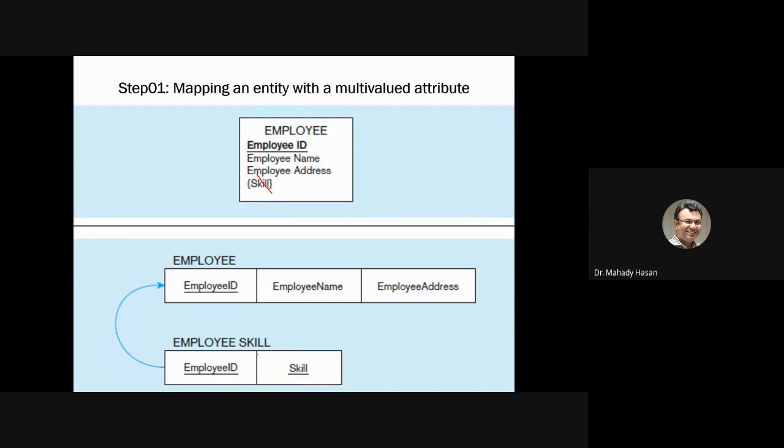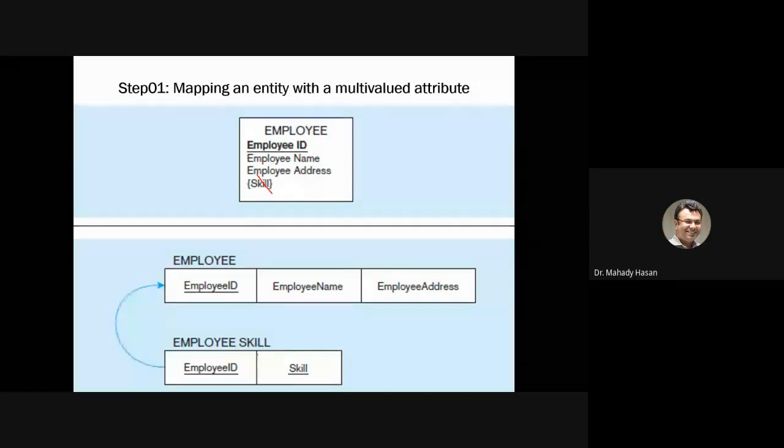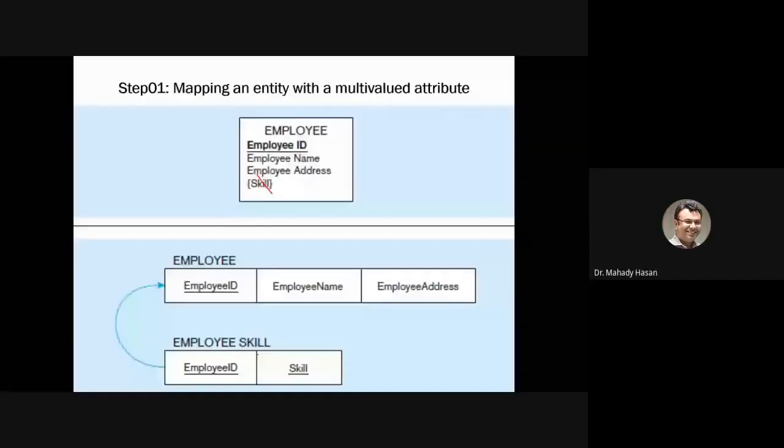Is it okay? Yes, sir. So these are rules. Yes. Sir, skill is shown underlined, so is that for the composite primary key, right? It is not composite. What was composite? I didn't get your question.